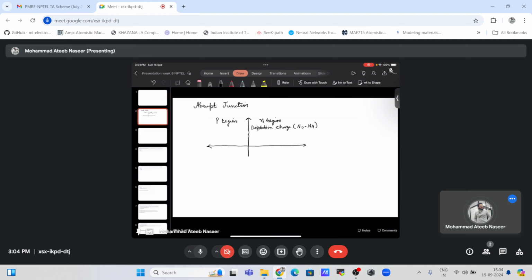The professor was teaching us these kind of things, and this is the acceptor impurity, and it extends to minus WP, which is the depletion width on the P side, and it will be acceptor impurities. Let me draw it like this, minus minus. And similarly, we will be having donor impurities, plus WN on the N side.